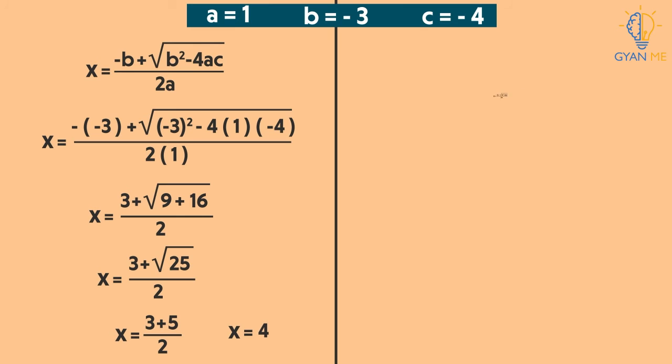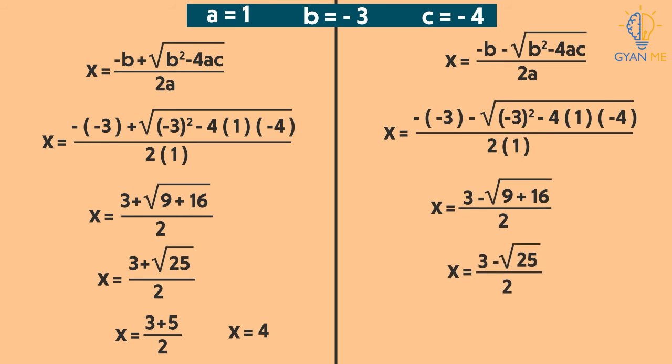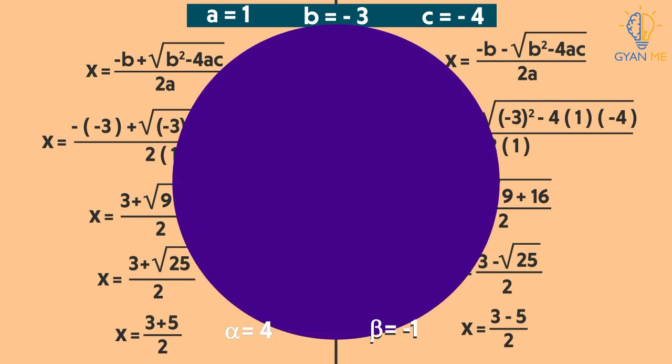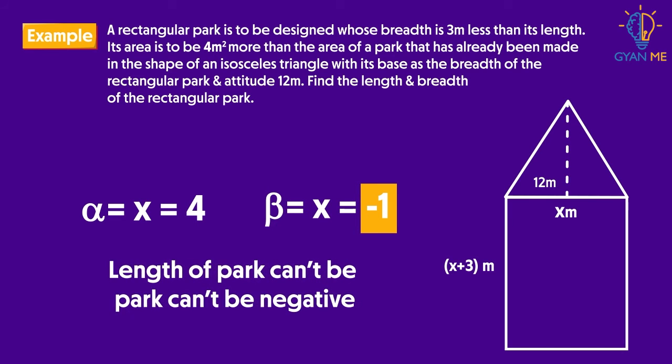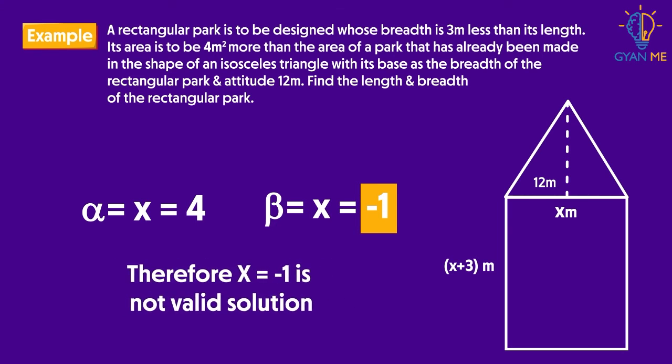Now putting all these values in our quadratic formula and solving, we get one value of x as plus 4 and the other value of x as minus 1. So I can say one root alpha is equal to 4 and the other root beta is equal to minus 1. Now students, you can observe that one of the roots is negative and the length of the park can never be negative. Therefore, x equal to minus 1 is not a valid solution.